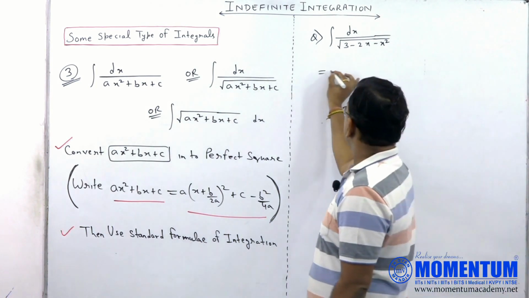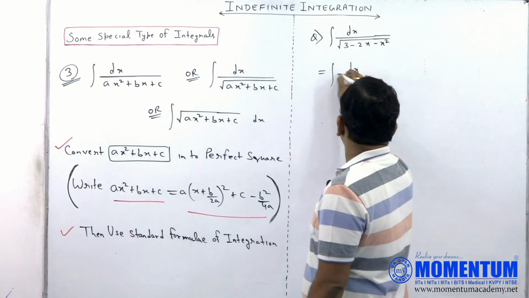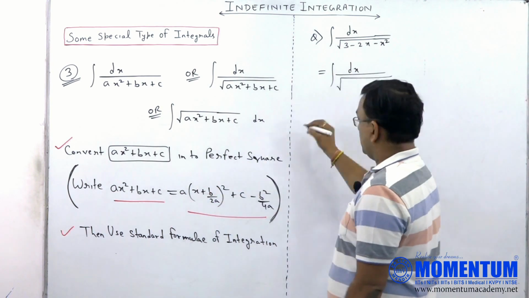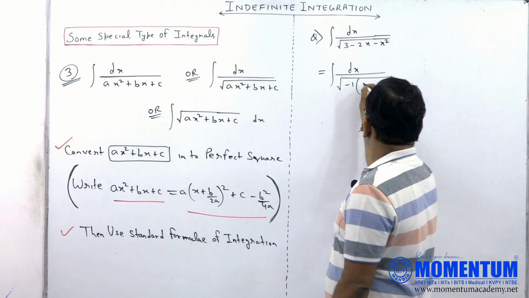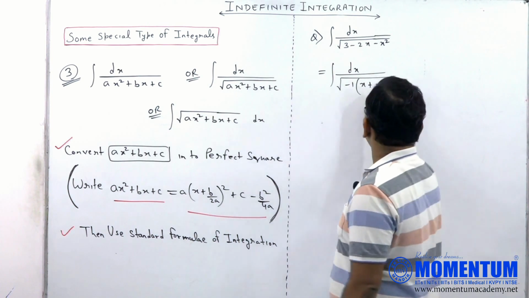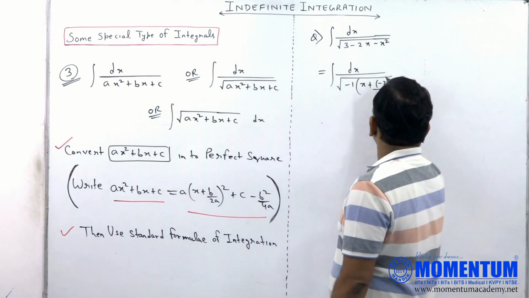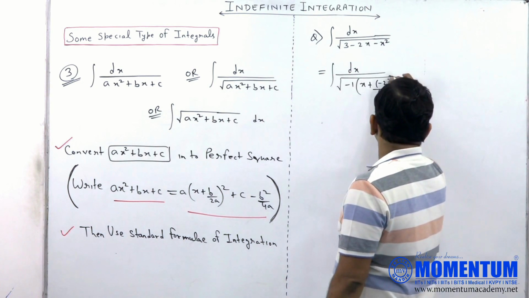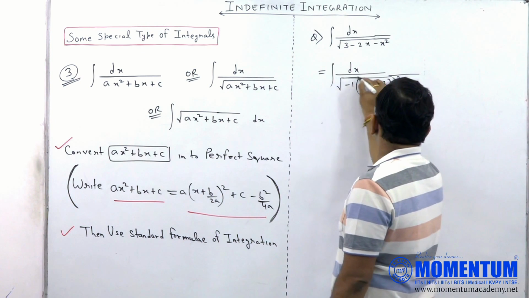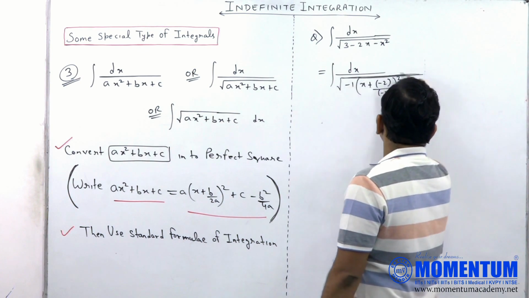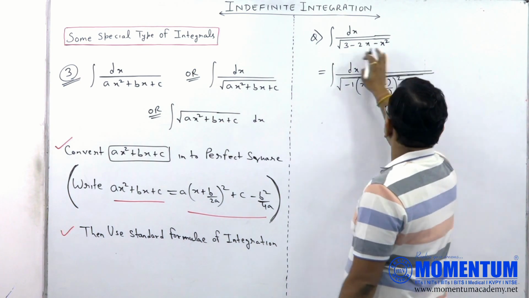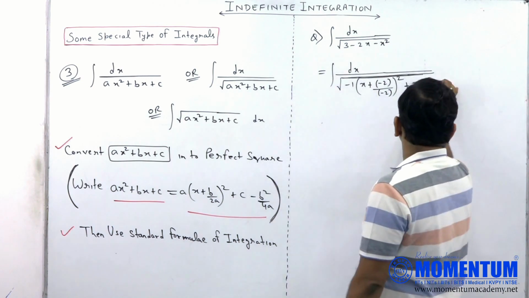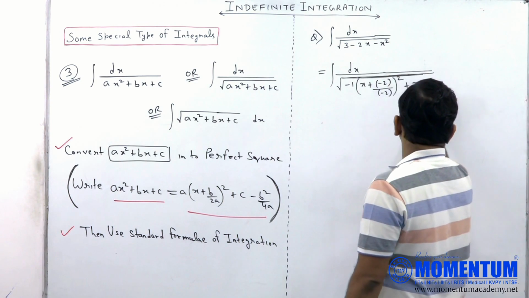So, using the formula, minus 1 times x plus b, b is minus 2, divided by 2a, minus 2 whole square, plus c, 3, minus b square by 4a, that is 4 upon 4a.